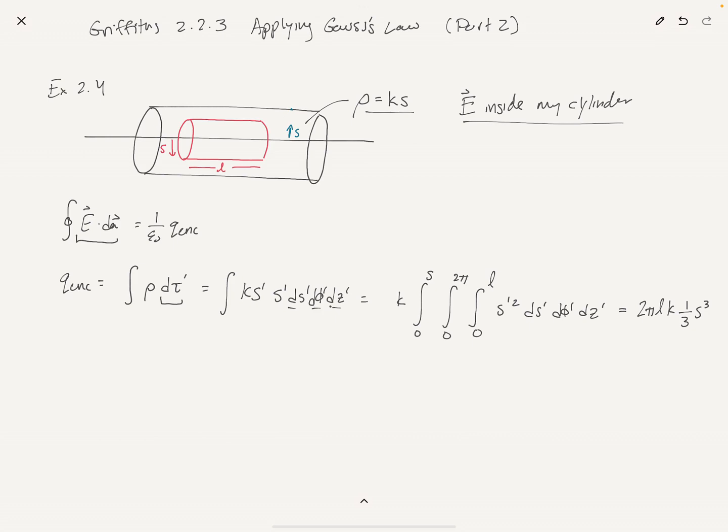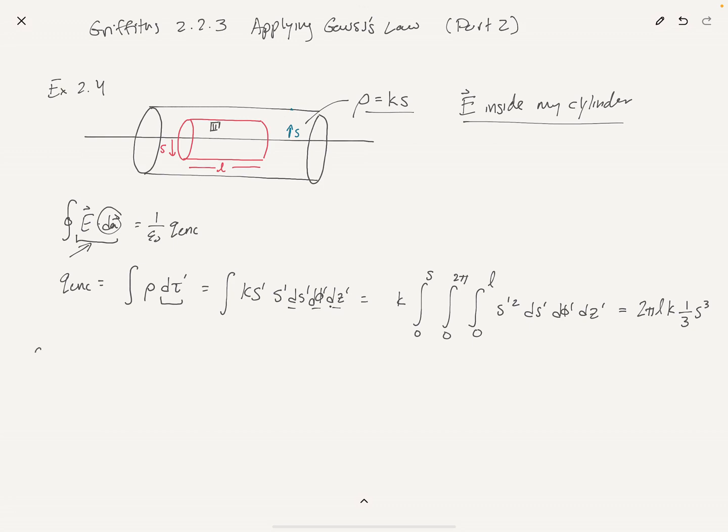So, what direction are these electric fields pointing? My choice here is to make the dot product in my integral as easy as possible. Well, the electric field points radially outwards. Because I have patches on here that also point radially outwards, that dot product becomes just the magnitudes of those.